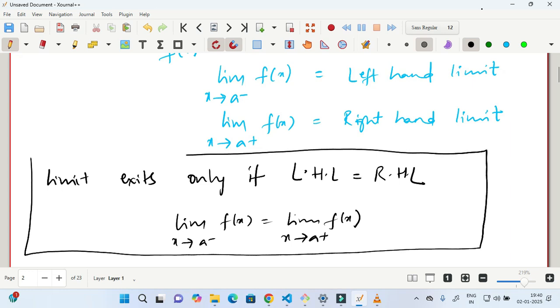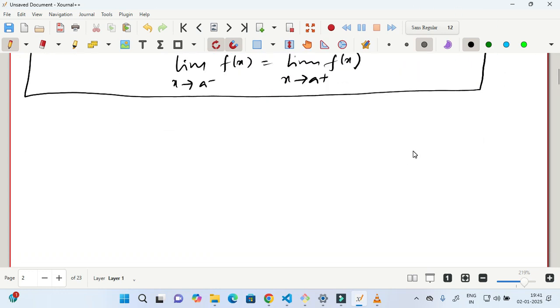So what have we learned in this video? The first thing is the definition of limit. It's nothing but the functional value: if x is approaching some number, then f of x should approach some other number.